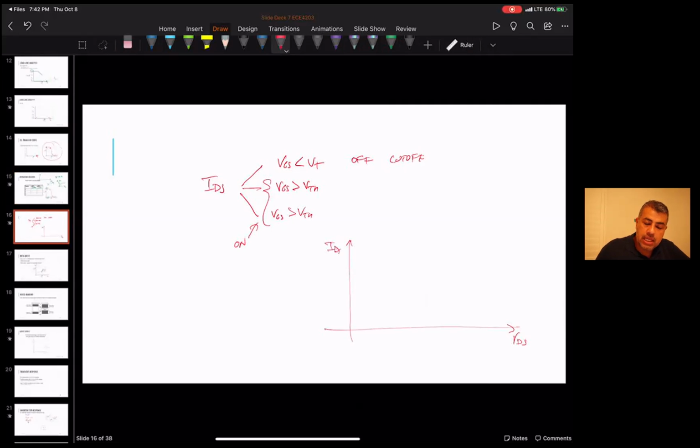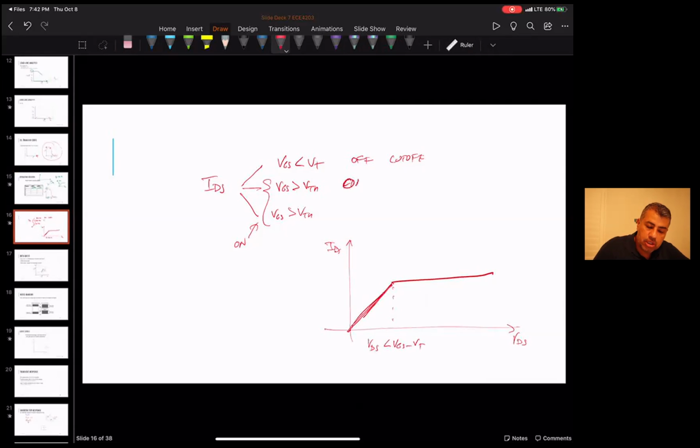Okay, if I were to draw it as a non-continuous, piecewise linear model, it has two regions of operation once it's on. One is when VDS is relatively low compared to the VGS. When VDS is less than VGS minus VT, it's in the so-called linear mode.